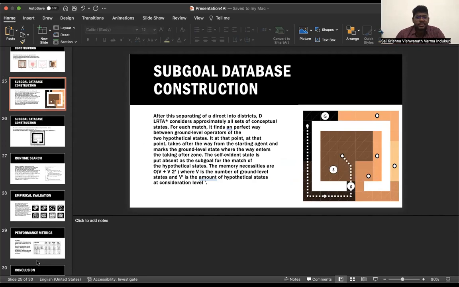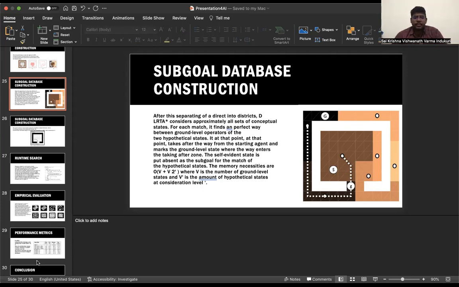Sub-goal database construction. After this separating of the map into regions, DLRTA star considers all pairs of abstract states. For every pair, it finds an optimal path between the ground-level representatives of the two abstract states.